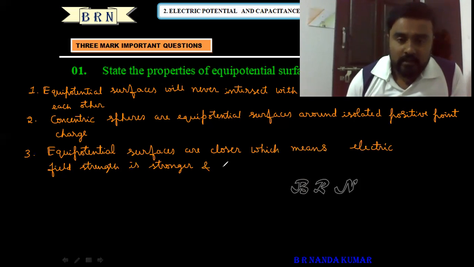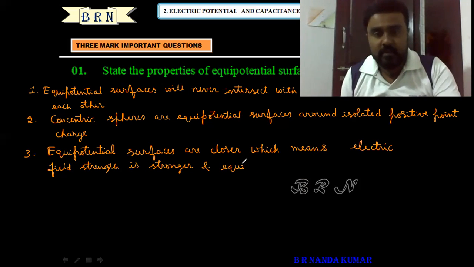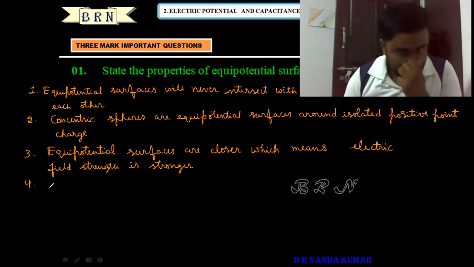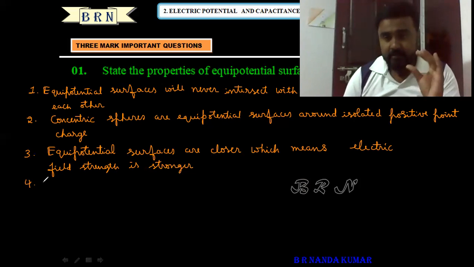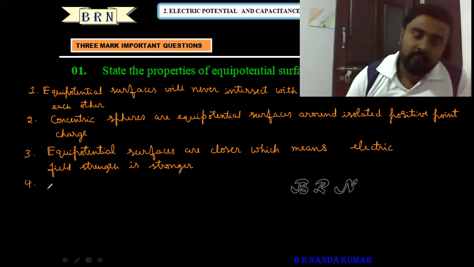Now, let me repeat the two properties for better understanding. Equipotential surfaces are closer, which means electric field strength is stronger.